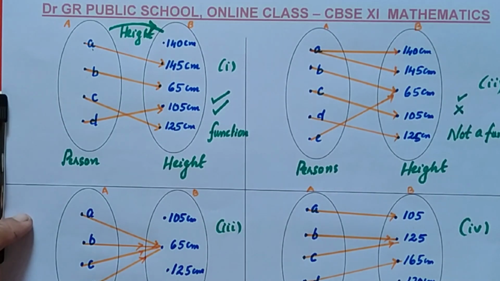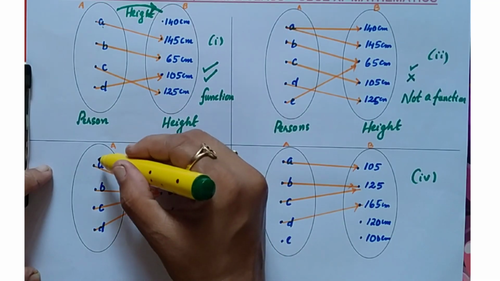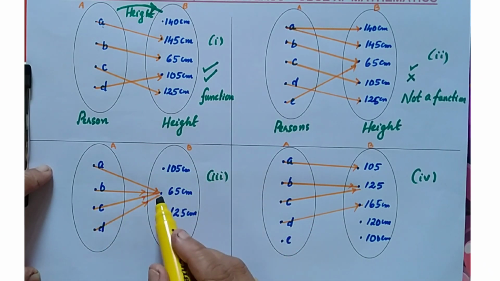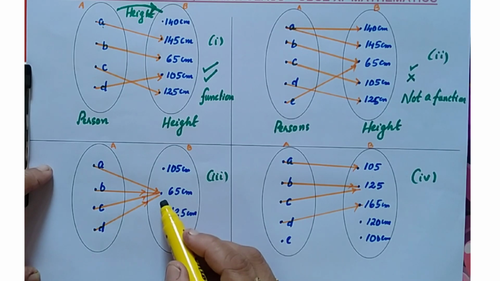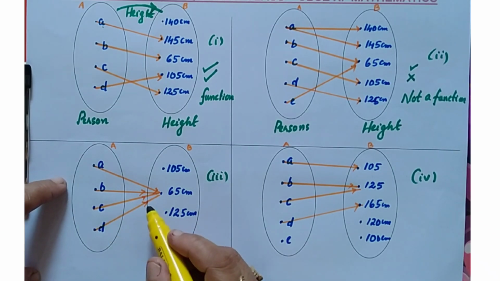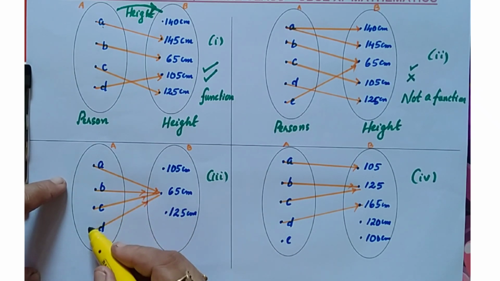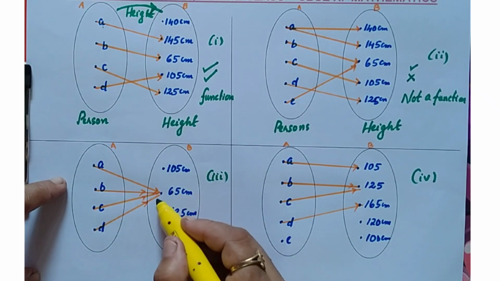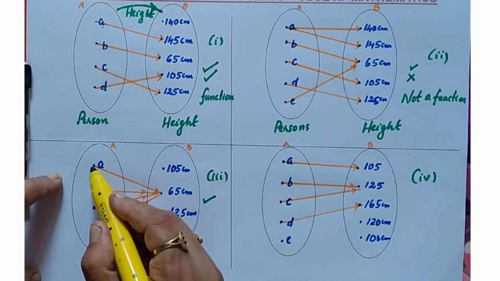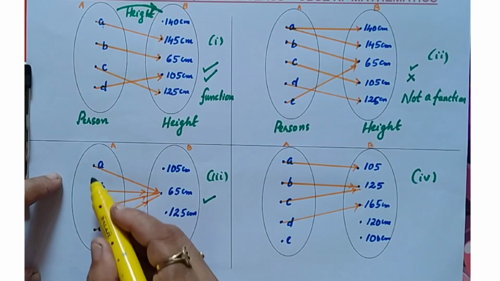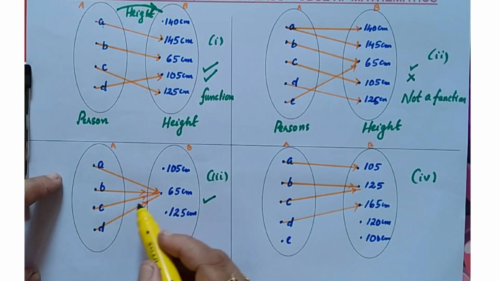Come to case 3. Here A goes to 65, B to 65, C also to 65 and D also to 65. We need to check whether this relation is a function or not. The first condition states that every element has a relation with some element in B. Yes, that is true. But the second condition is that the connection or the relation of each element in A is unique.